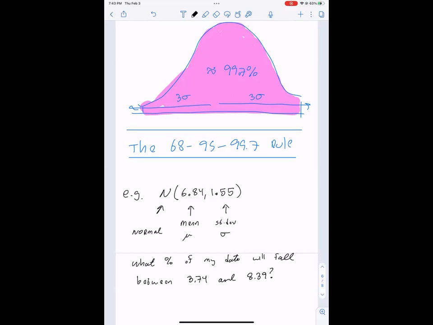I would like you to take a minute and try to calculate this. How do we calculate it? Well, you would need to use the 68, 95, 99.7 rule and some imagination.